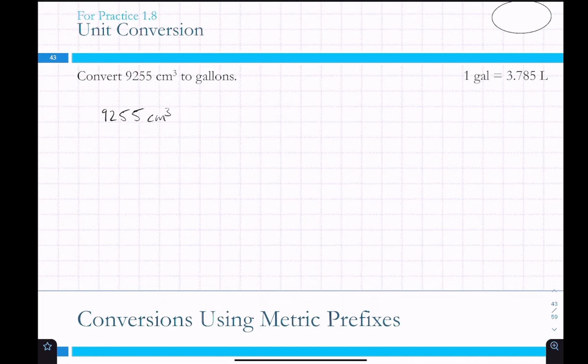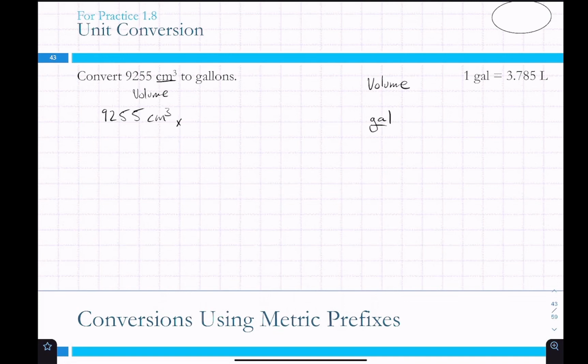guidance, so feel free to pause at any point and try and work things out on your own as much as possible. So we're going from centimeters cubed, and we want to go to gallons, and the key here is that units of gallons, this is a volume, and we're starting with centimeters cubed, which is also a volume.